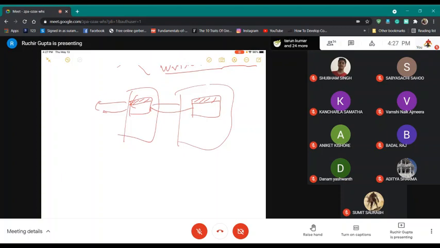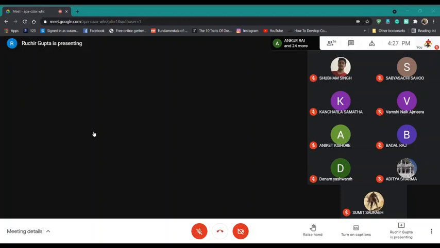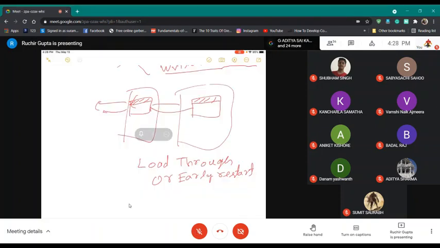Of course the second method, that is called load through or early restart, is more efficient in terms of time, because it is not waiting for a complete transfer to happen, but this needs a little complex circuitry. So this is another trade-off that one has to make, whether you want to use this or not.